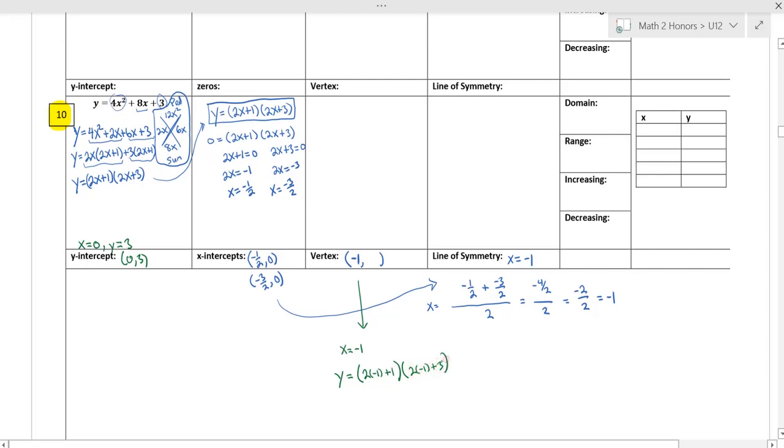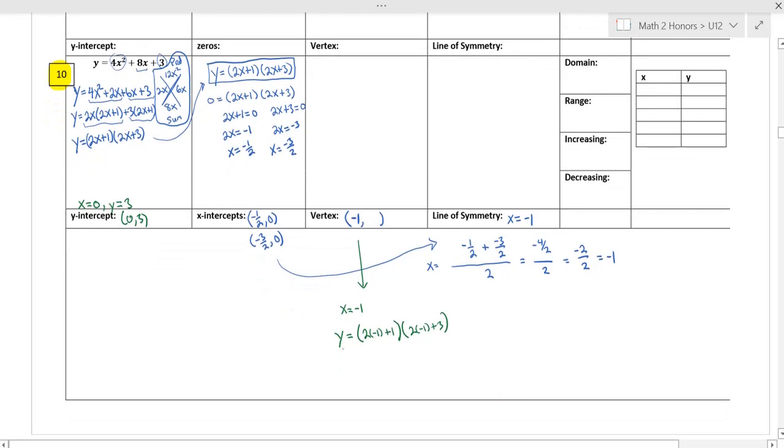So I'm plugging it into factored form. Again, you could plug it into the other form as well. I get negative 2 plus 1, which is negative 1, times negative 2 plus 3, which is positive 1. So negative 1 times positive 1 is negative 1.